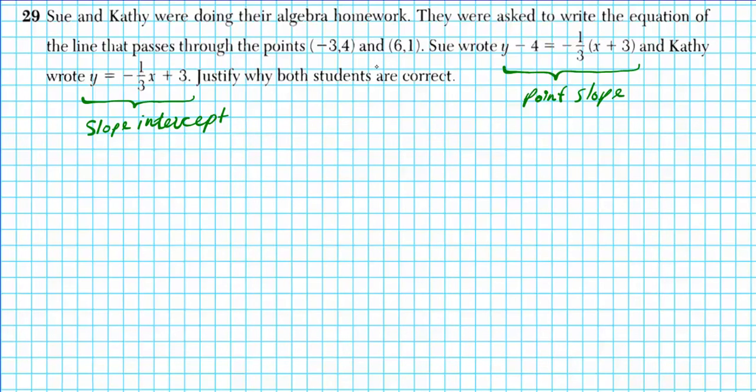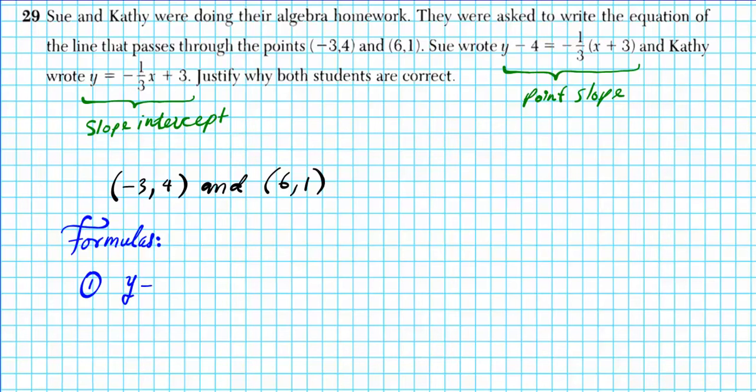Okay, so let's solve the problem first. We've got to make sure that both answers are correct. So we have the points (-3, 4) and (6, 1). The formulas that we're going to use are as follows. The first one is the point-slope form of the equation of any line: y minus y1 equals m times (x minus x1).